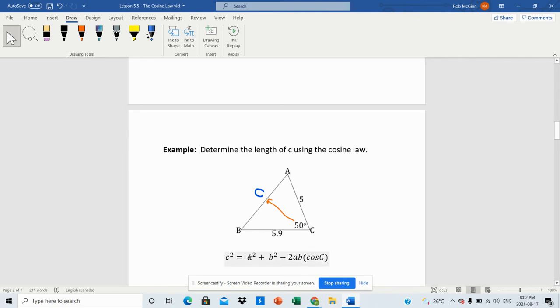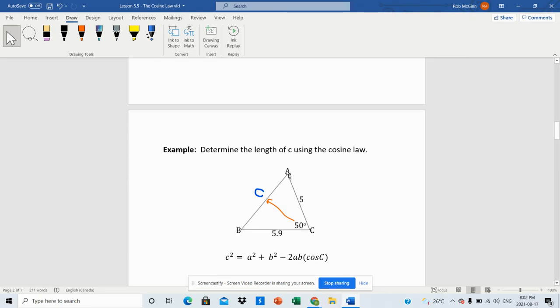Remember, these small lowercase letters represent side lengths. So this is like the side length of c squared equals the side length of a squared plus the side length of b squared minus 2 times the side length of a times the side length of b times cos of angle C. The angle is capitalized. So we're just going to plug in that information.